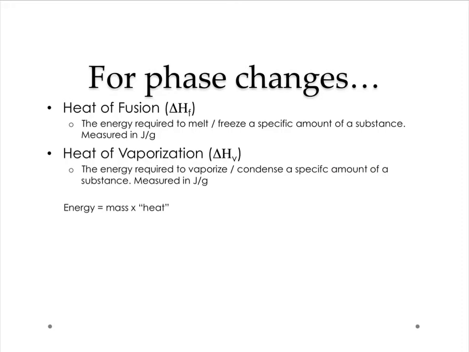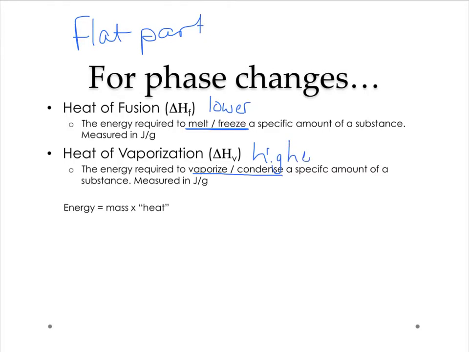All right, let's first start out by looking at the phase changes, and this portion happens on the flat part of the graph. We have heat of fusion, which looks at the melting, freezing, so this is the lower flat part, and then we have heat of vaporization and condensation, which is the higher portion of our temperature and time graph.